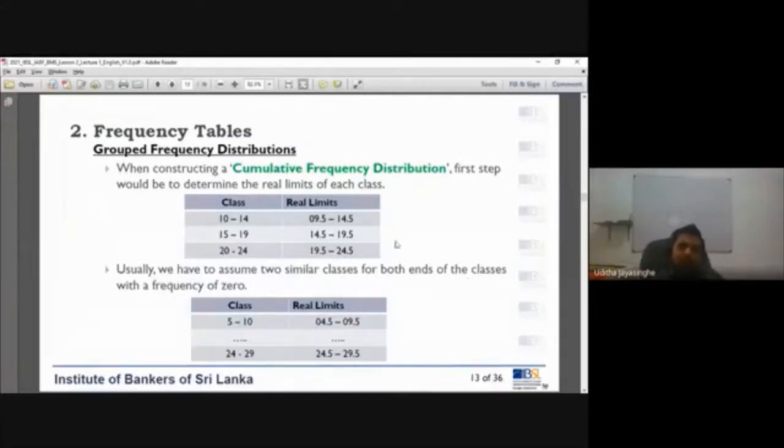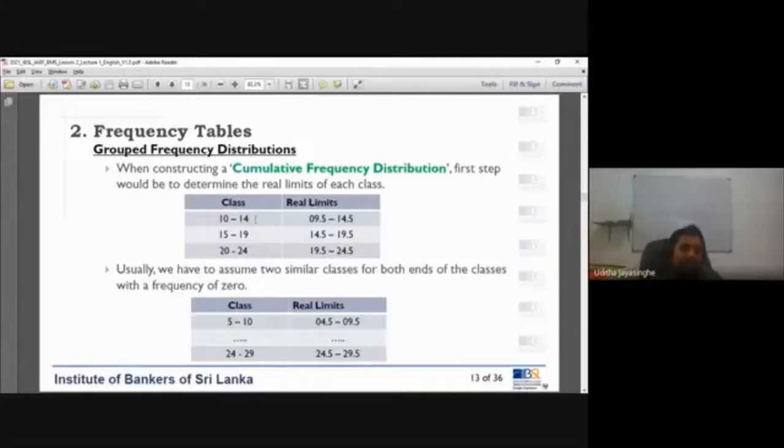The first step would be to determine the real limit of each class. If you look at the numerical values of 14 and 15, you may see there are still some numbers which could be uncalculated.